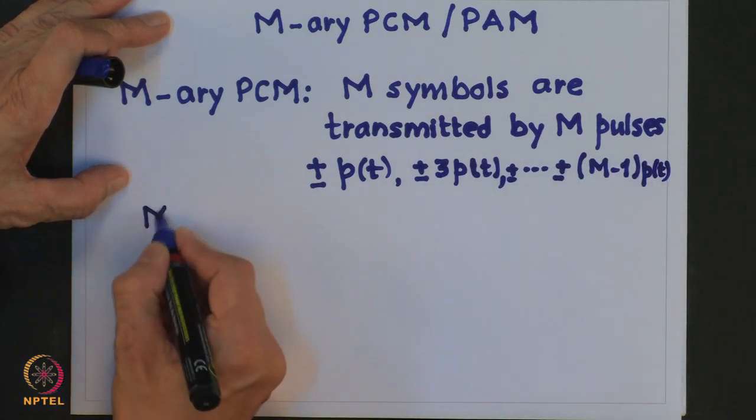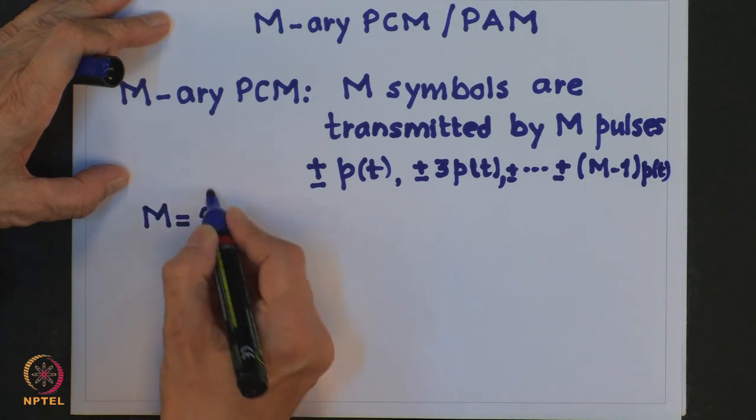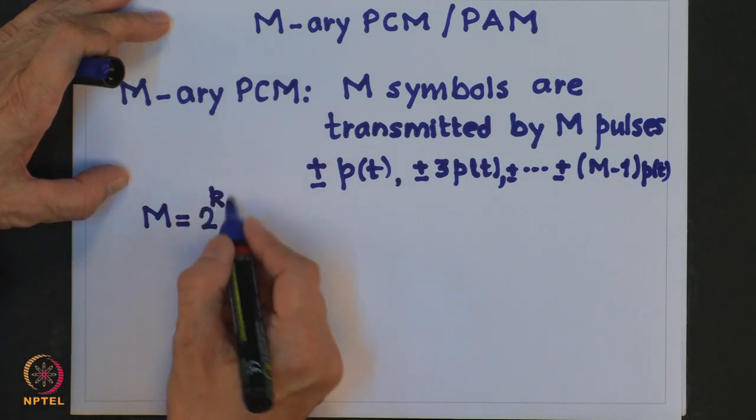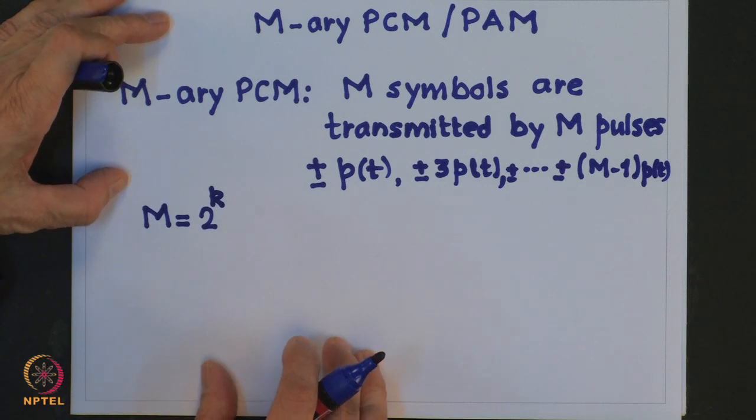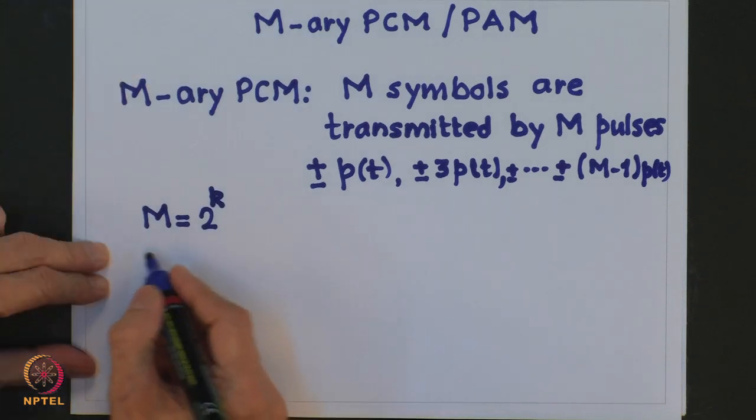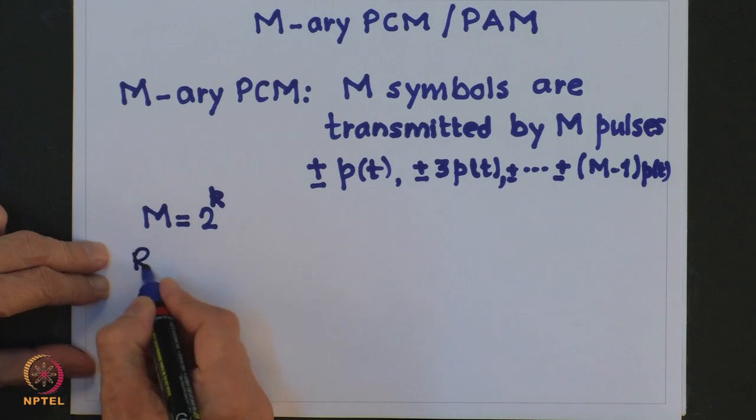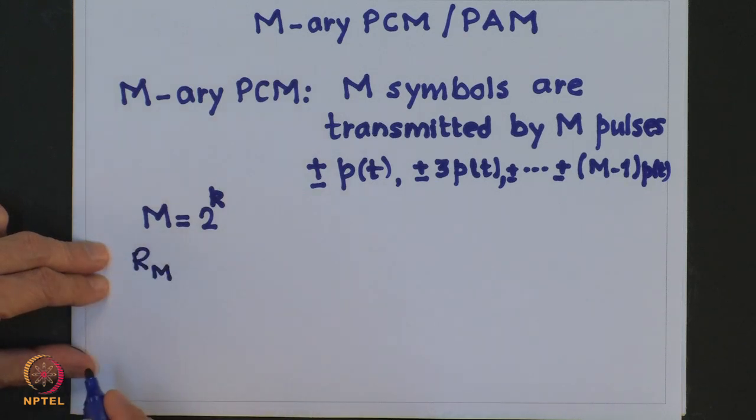Your M is going to be of the form 2 raised to k, where k number of bits are grouped together.